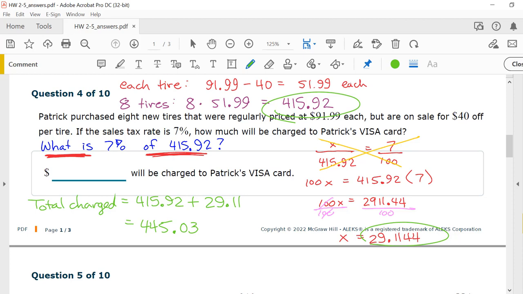So what is 7% of $415.92? Is over of equals percent over 100, and we saw that the sales tax would be $29.11. So the 8 tires were $415.92 plus the tax of $29.11, which gave us a total charge of $445.03.